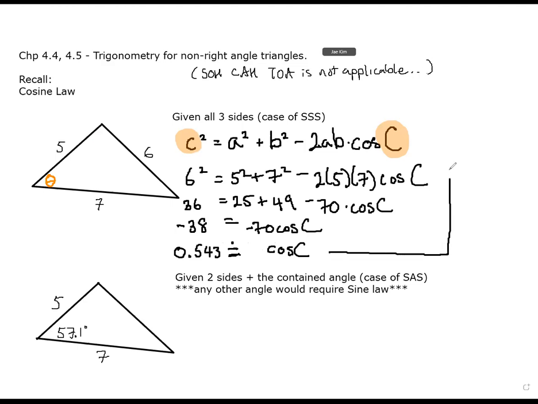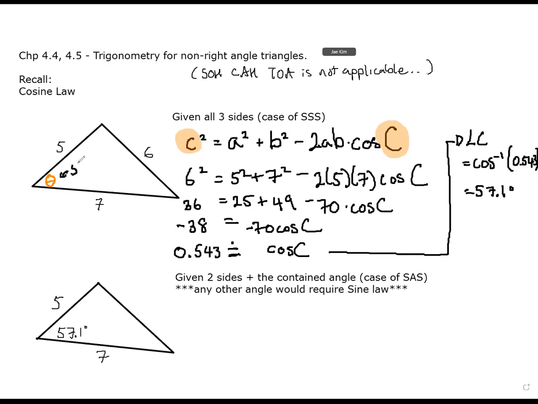Okay. And finishing off, that means angle C is going to be equal to the inverse cosine of 0.543, which gives me 57.1 degrees.